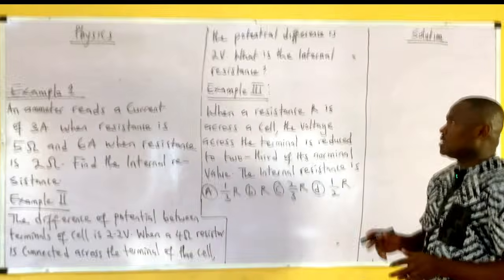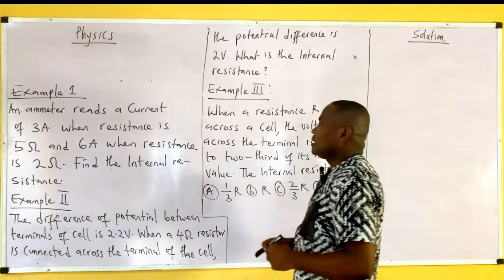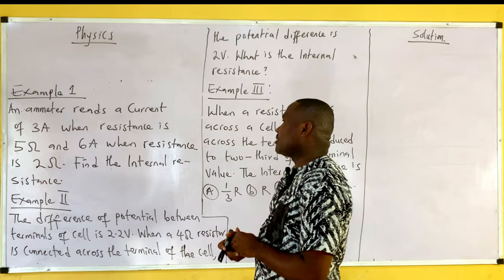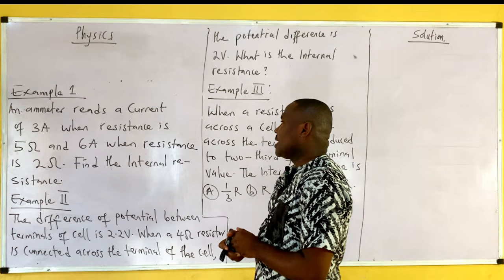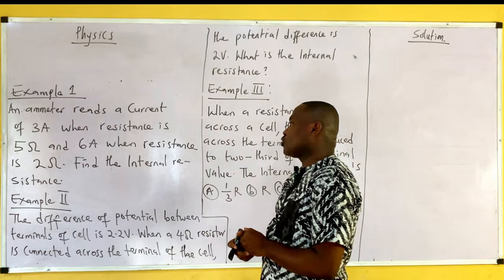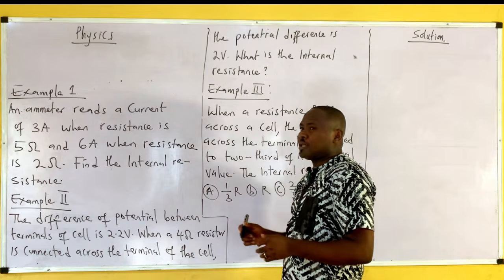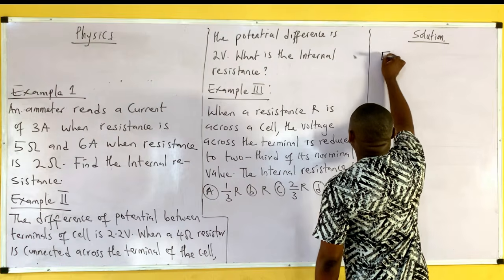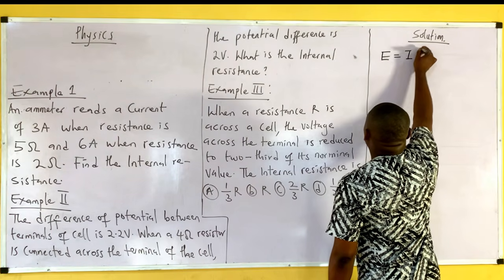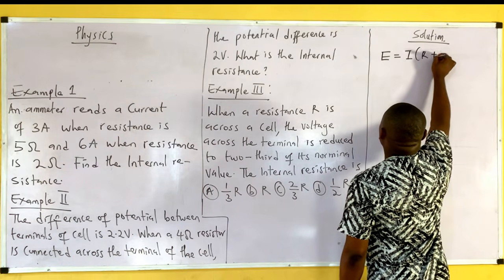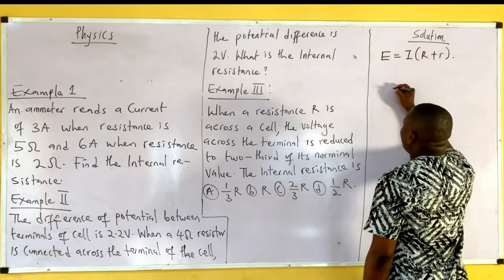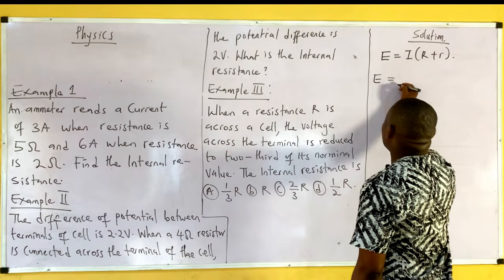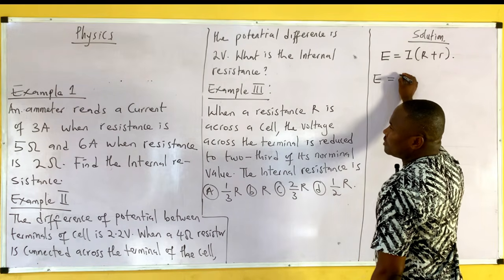Now let's see example number 1. Example number 1 says an ammeter reads a current of 3 ampere when resistance is 5 ohms and 6 ampere when resistance is 2 ohms. Find the internal resistance. So to solve question number 1, recall EMF is equal to current times external resistance plus internal resistance. So now I will say EMF is equal to, what is my current?